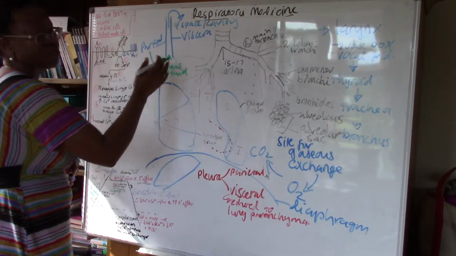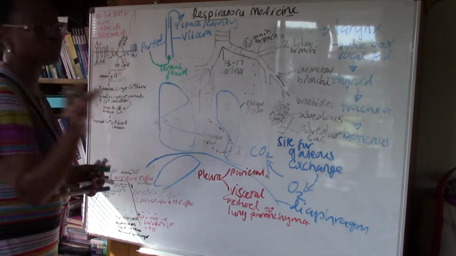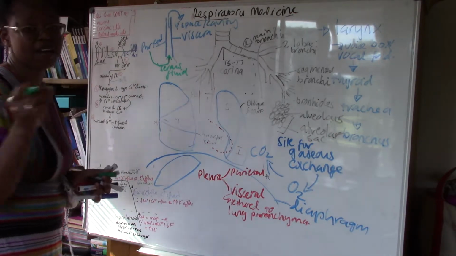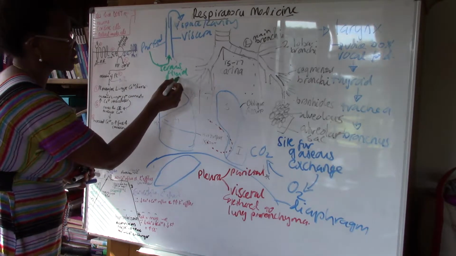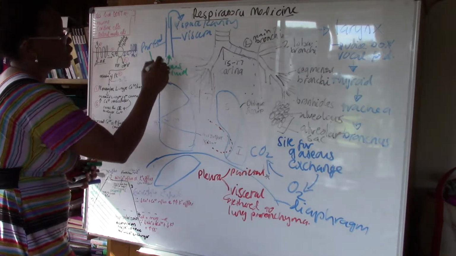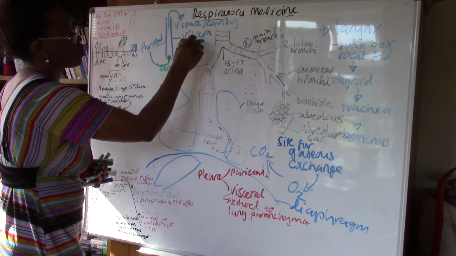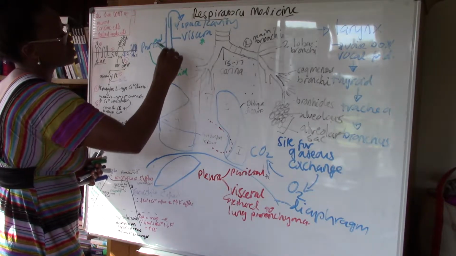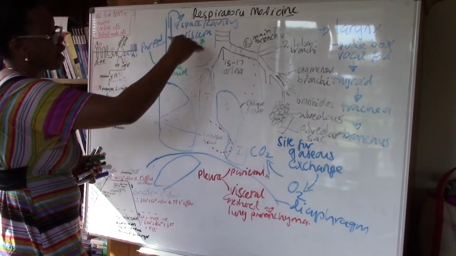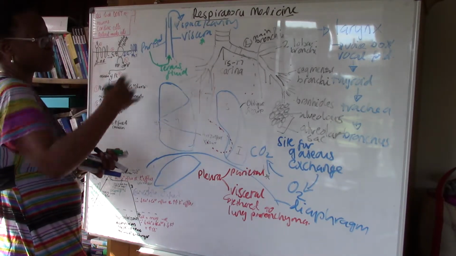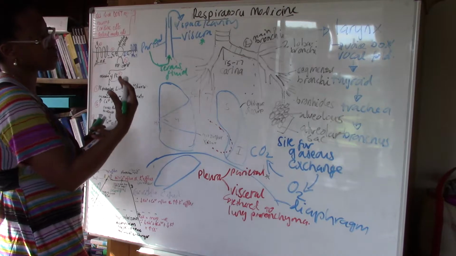And the importance of that, if we go back to the heart, we remember we talked about the pericardial fluid. This is exactly the same in terms of it being secreted by the parietal pleura and absorbed by the visceral pleura. And all it does is reduce the friction when we breathe, as the lungs are moving inside the rib cage.